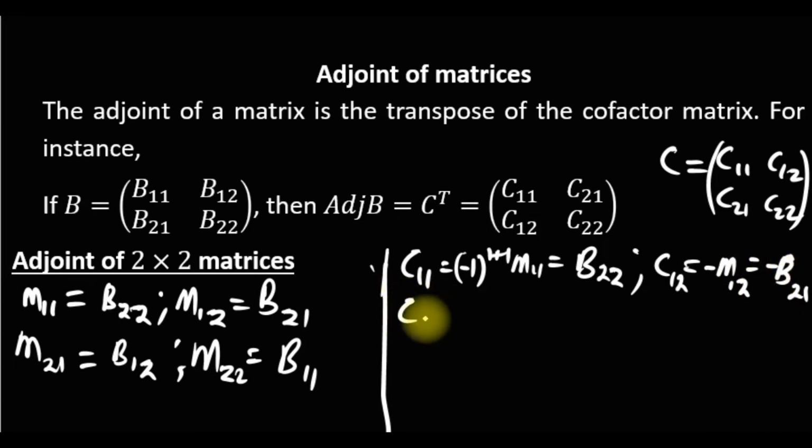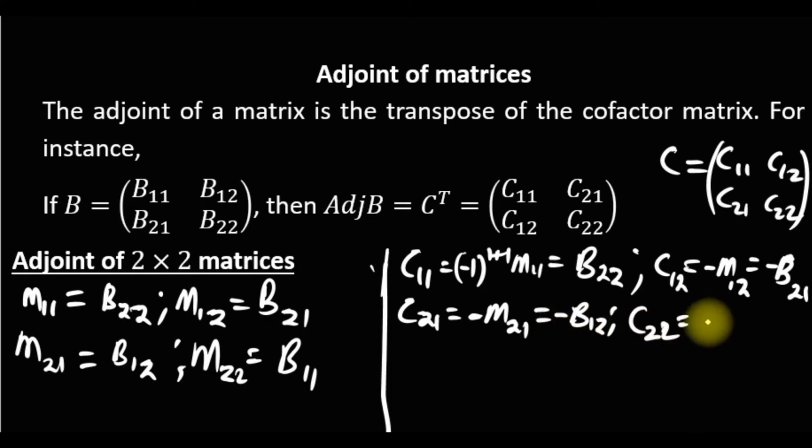So for C21, this is already negative, so you have minus M21, which is minus B12. And finally C22, this is already positive, so positive M22, which is B11.